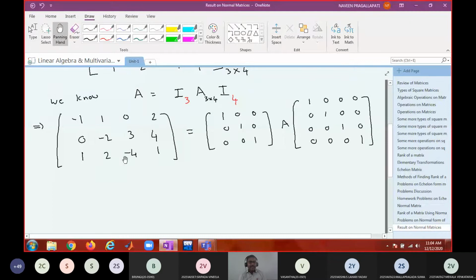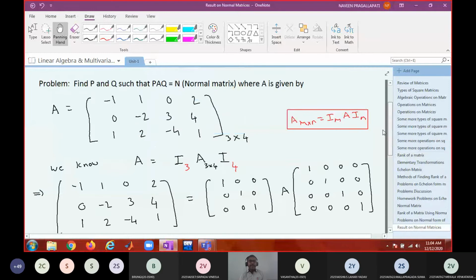While applying column transformations, simultaneously apply the same column transformations to the post factor. That is the only thing you have to remember: row operations for the prefactor, column operations for the post factor. If you apply those operations simultaneously, finally you will arrive at the stage N equals PAQ.